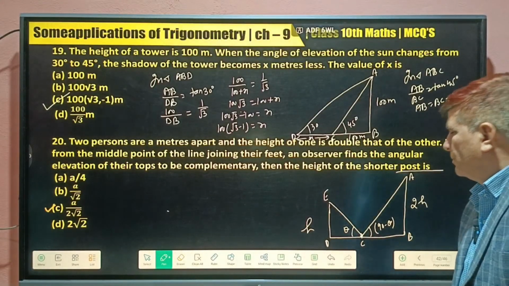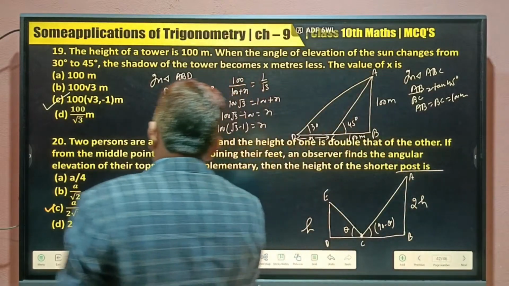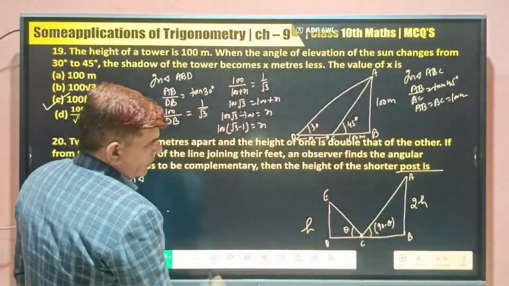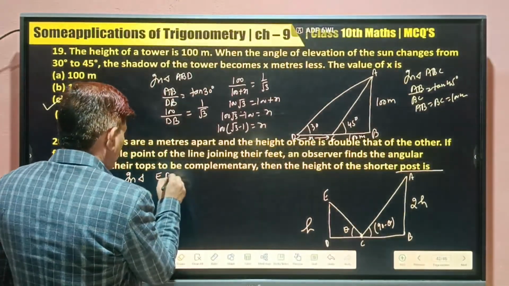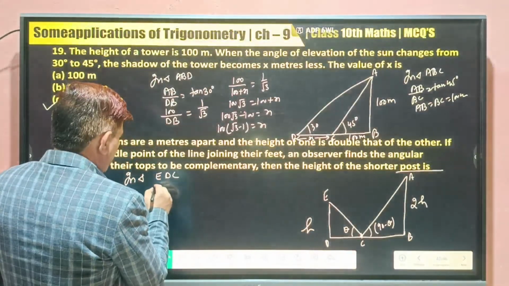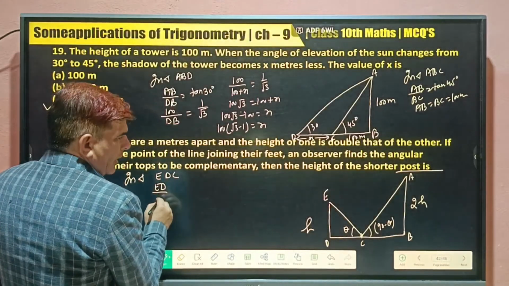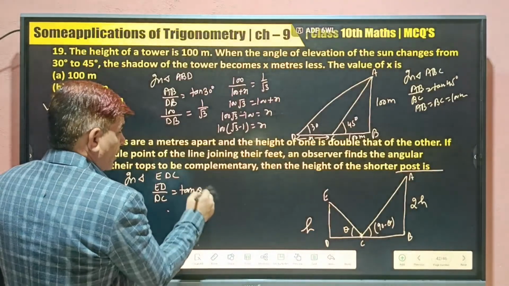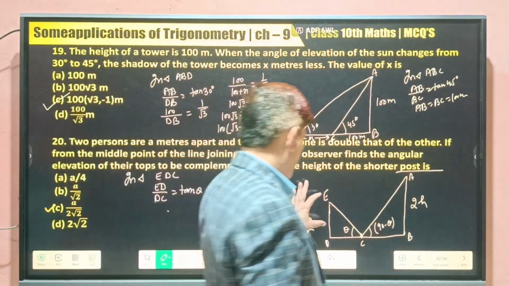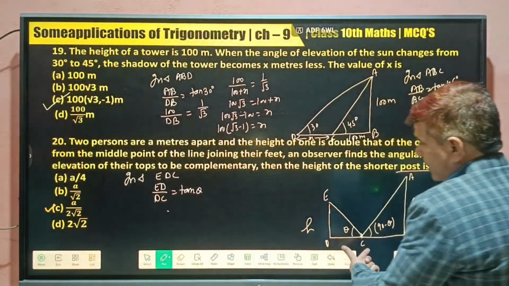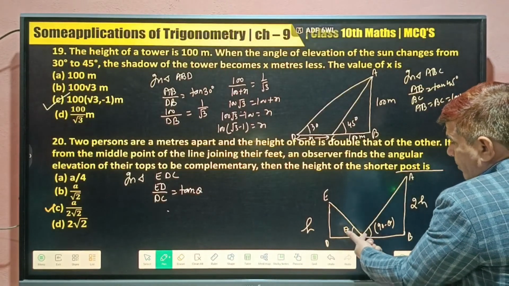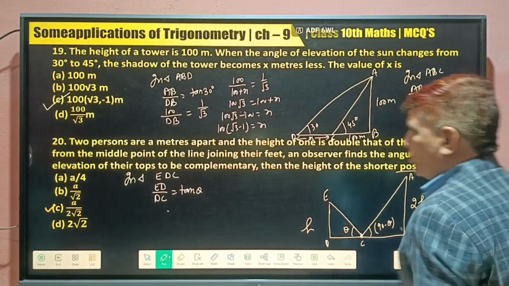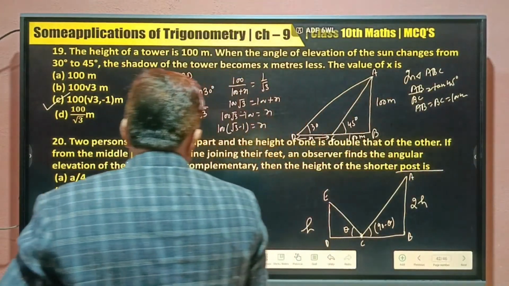So we can take here triangle EDC. ED by DC is equal to tangent theta. And what is DC? C is the midpoint of DB. What's your DB? A. So DC equals A by 2. What's your ED?